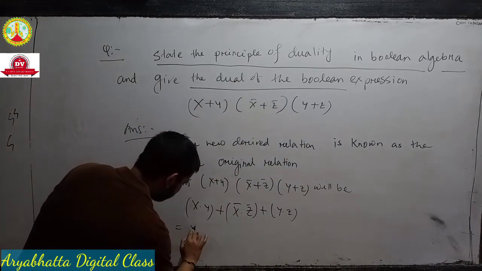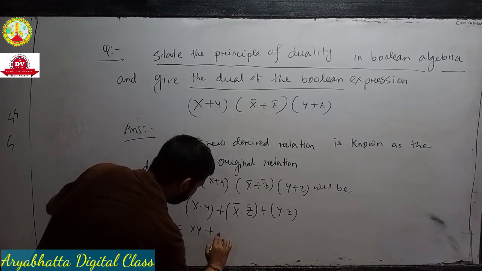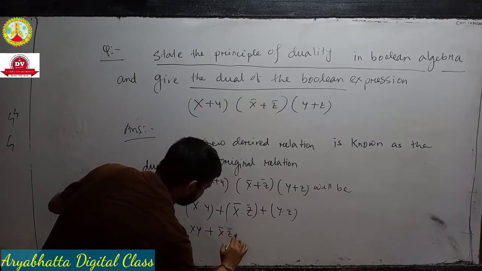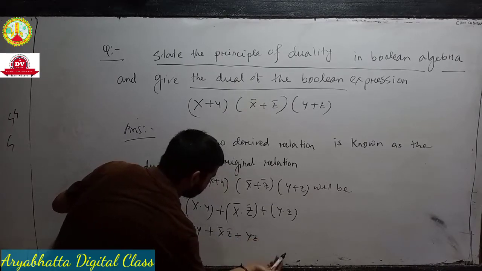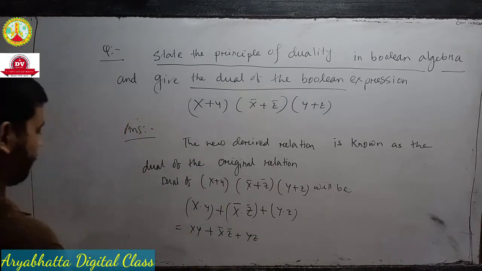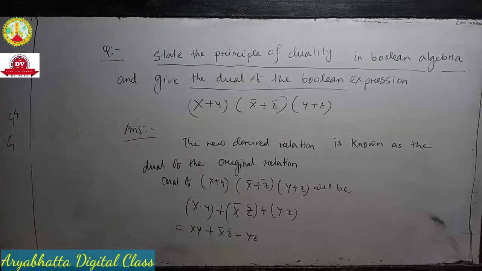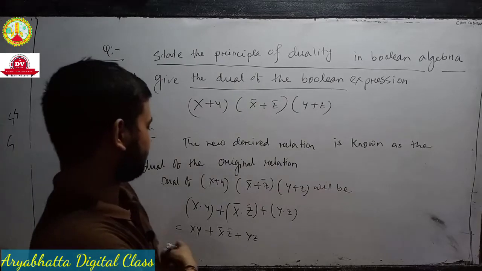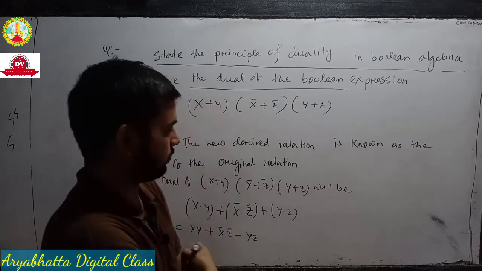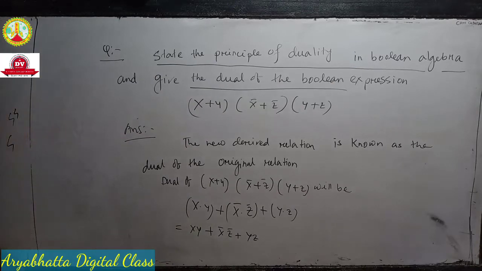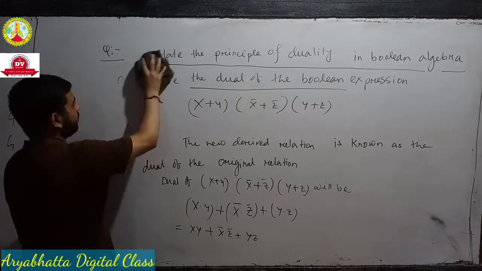You can directly write x y plus x bar z bar plus y z. Understood? This is the duality principle. So the duality principle is over.